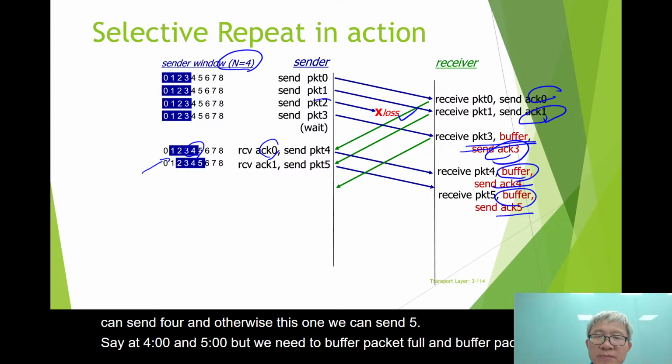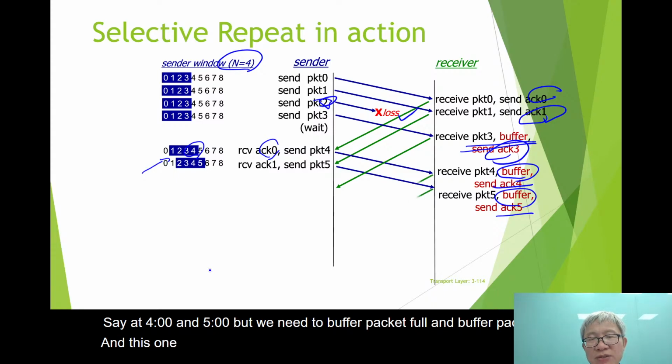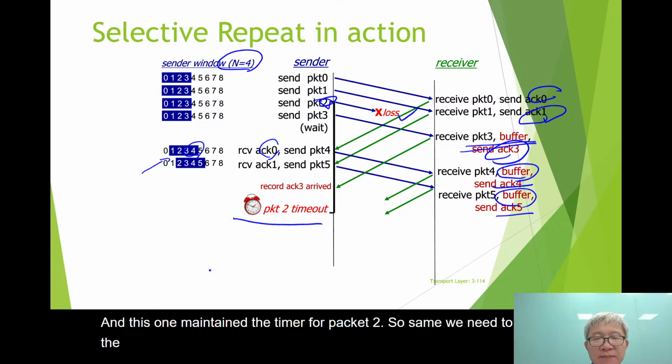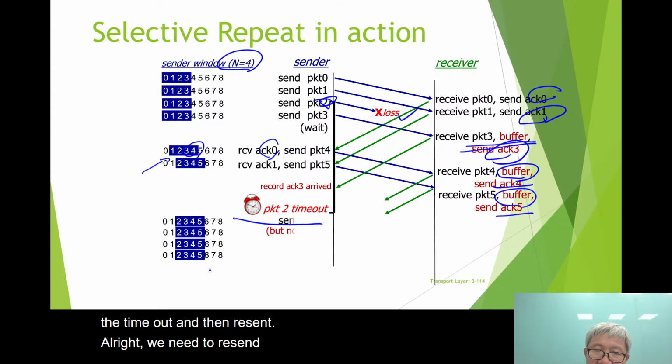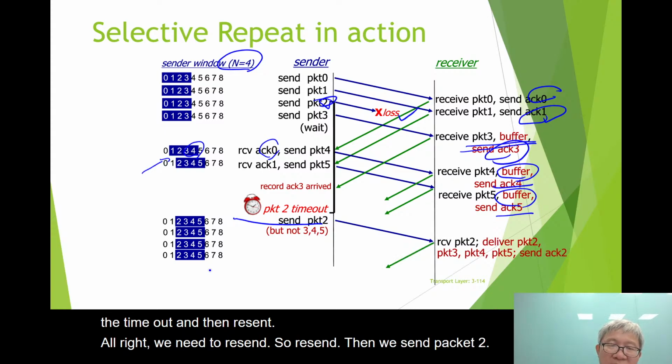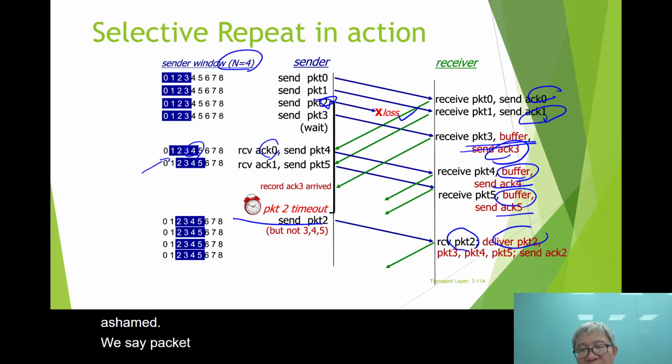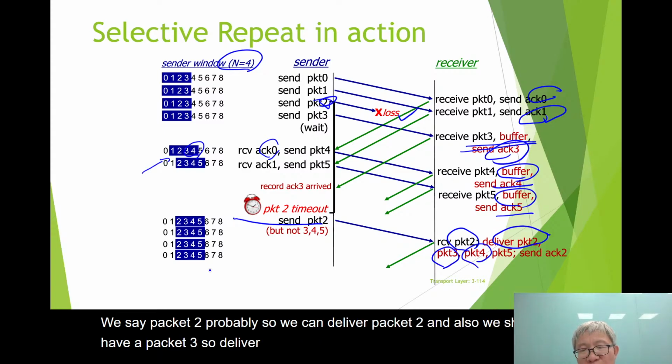And we maintain the timer for packet 2, so same, we have the timeout and then resend. Alright, we need to resend, so we send packet 2. But we cannot advance the window, we just send packet 2. And we assume we receive packet 2 properly, so we can deliver packet 2. And we also check we have packet 3, so deliver packets 3, 4, 5, and then we have an ACK for the current one.